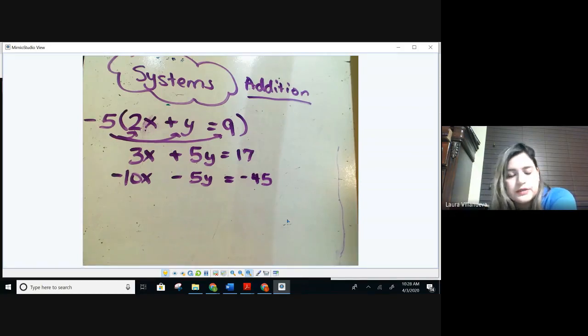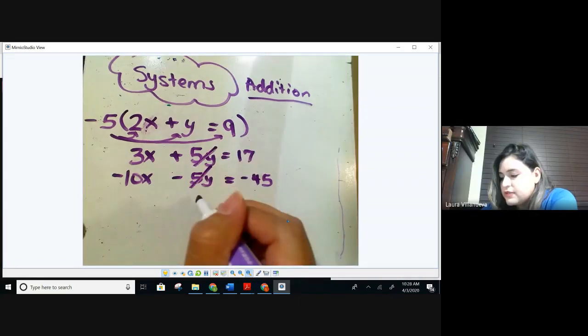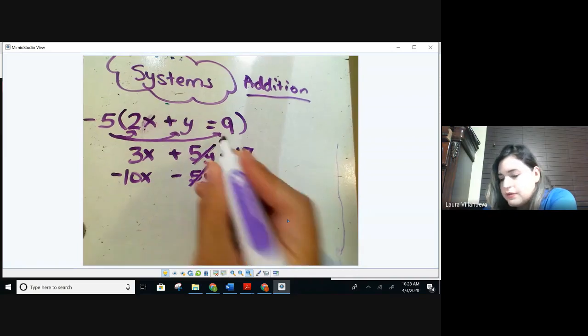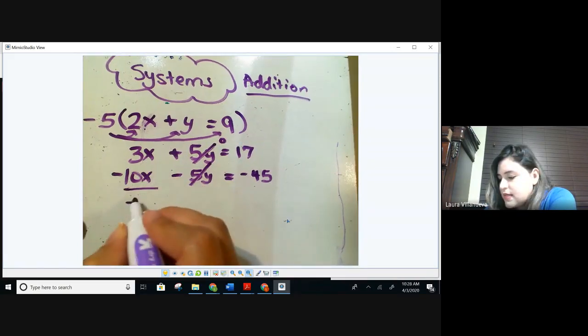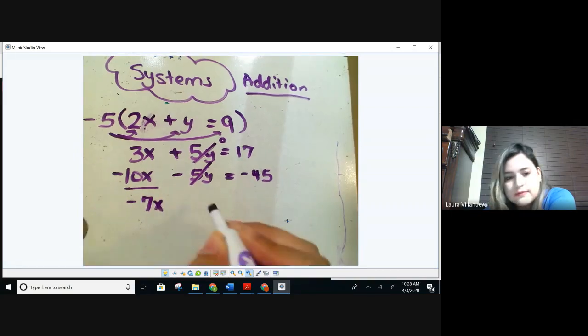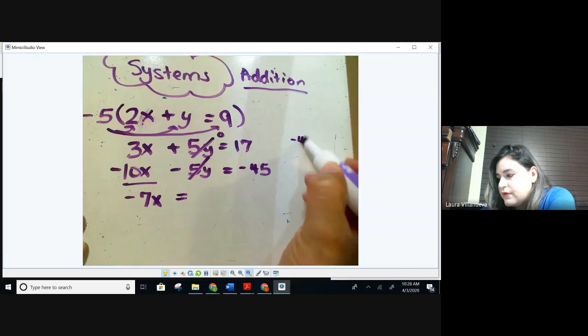And then you're going to cancel. Which ones cancel? The 5s. The 5s cancel, so that's just nothing. This is 0. So then this is 3 minus 10. That's a negative 7x equals negative 45 plus 17.